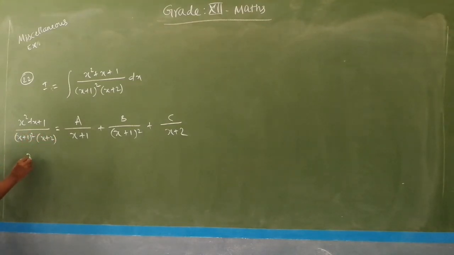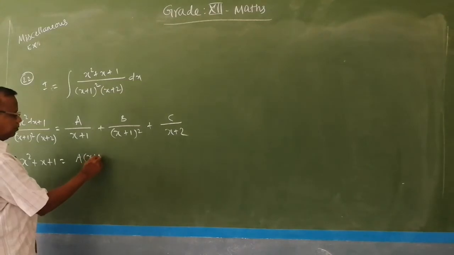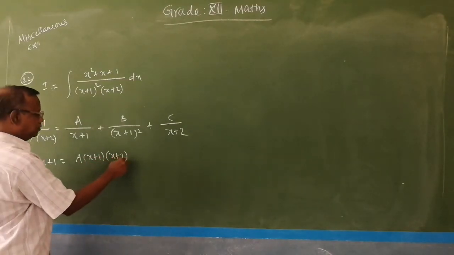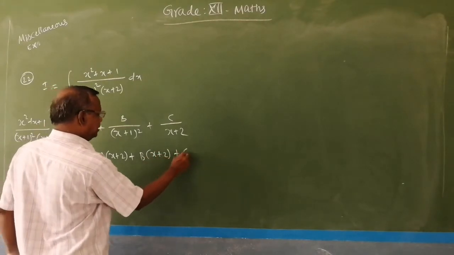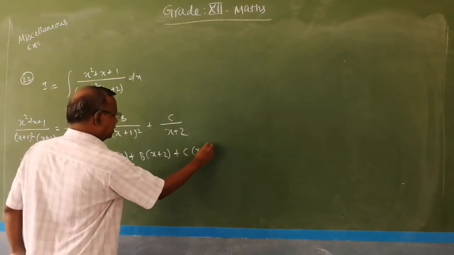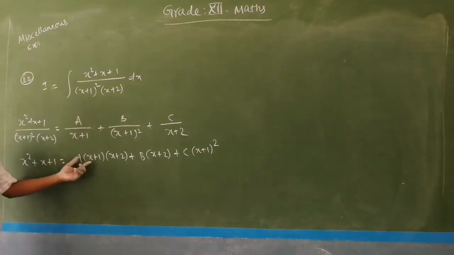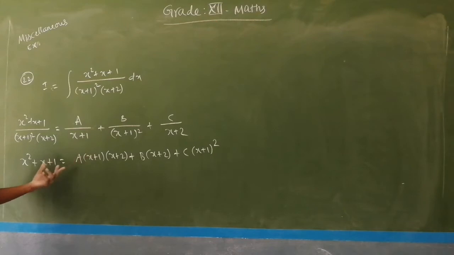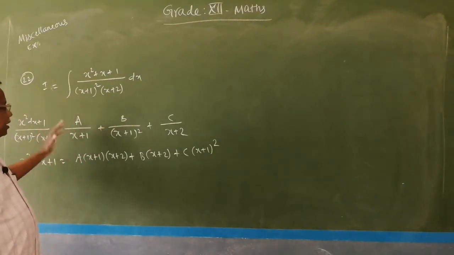Equate: x square plus x plus 1 will be equal to a into x plus 1 into x plus 2 plus b into x plus 2 plus c into x plus 1 the whole square. Substituting values for x, minus 1, minus 2 and 0, you can find the values of a, b, c, and substitute here, you can integrate easily.